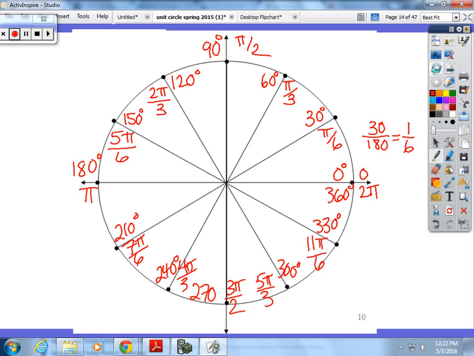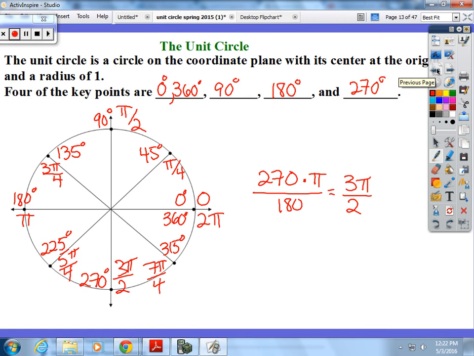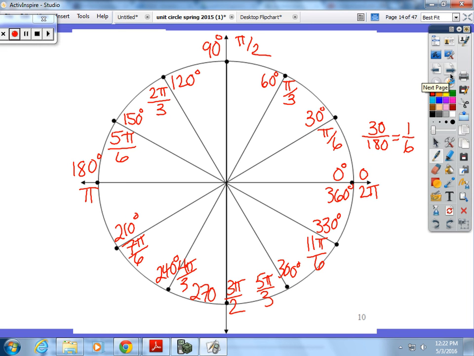Okay, so between those two circles, you've got your 45-degree angles and you've got your 30 and 60-degree angles. You need to flip over your page and fill in the degrees and radians for each of those angles. That's part of your assignment for today.